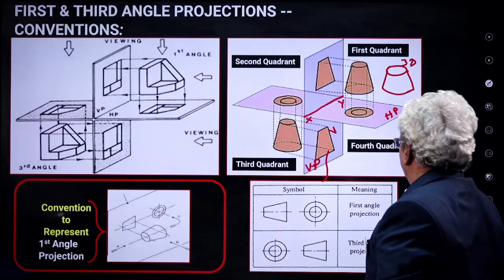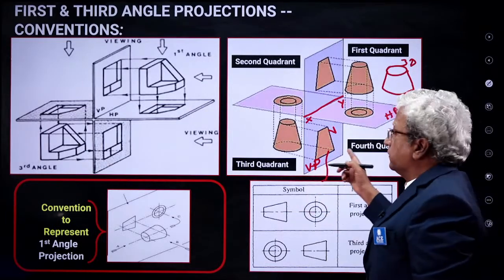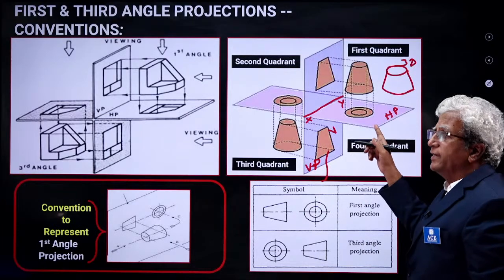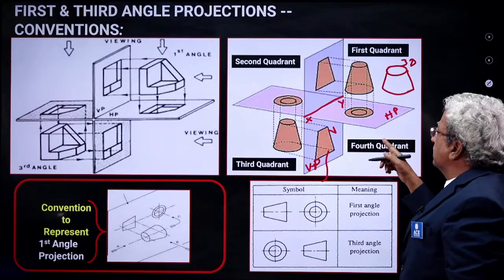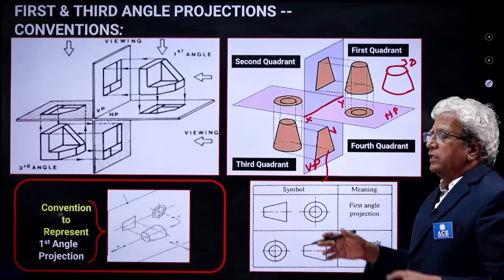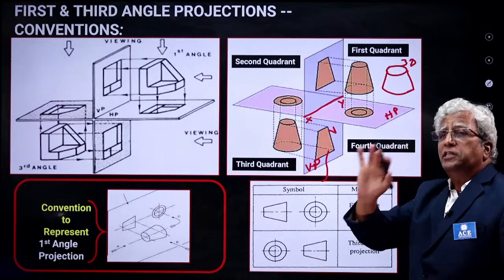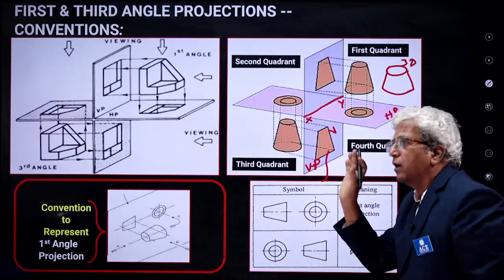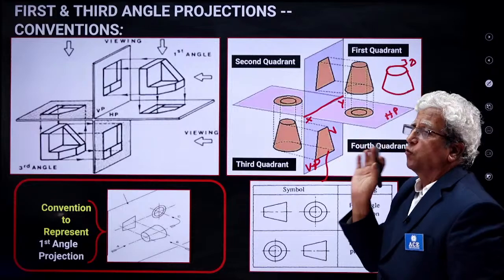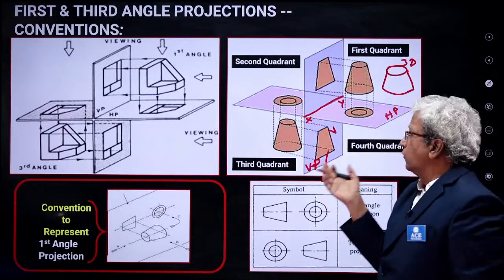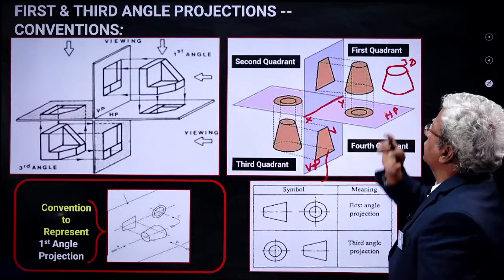So totally, when you place two planes, we get in the entire space four regions. These four regions are called four quadrants. Quadrant means one-fourth, okay? Four quadrants. How do we represent those quadrants?